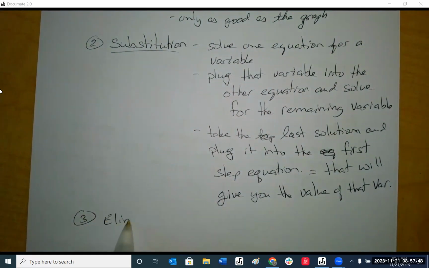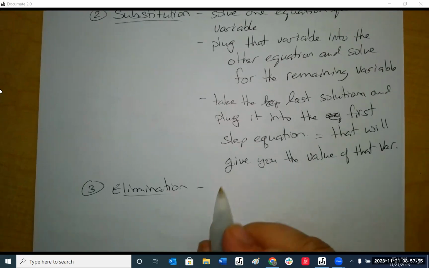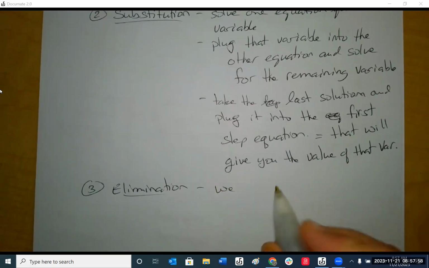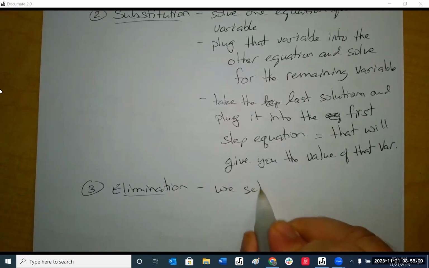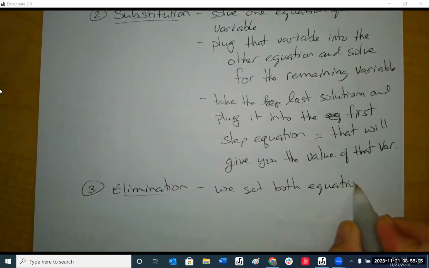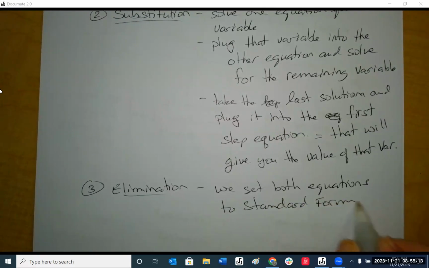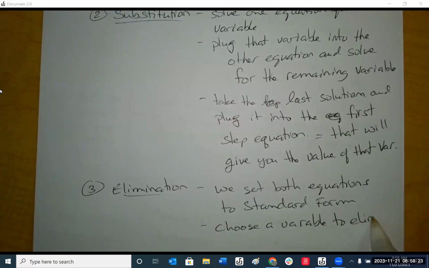Third method is going to be called elimination. Here, you set both equations to standard form. Choose a variable to eliminate.